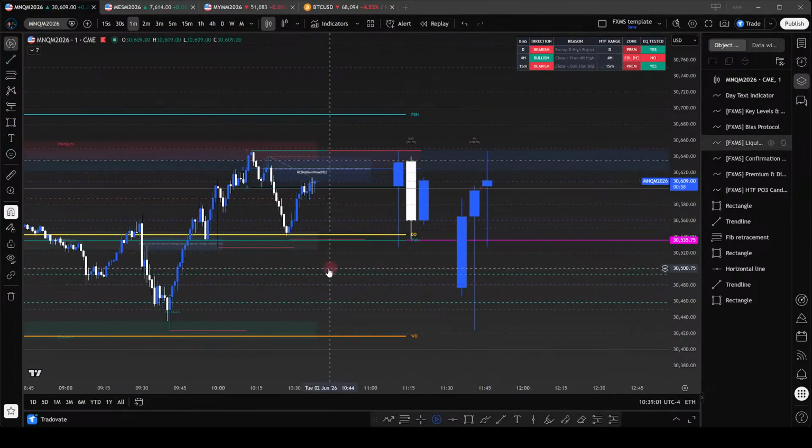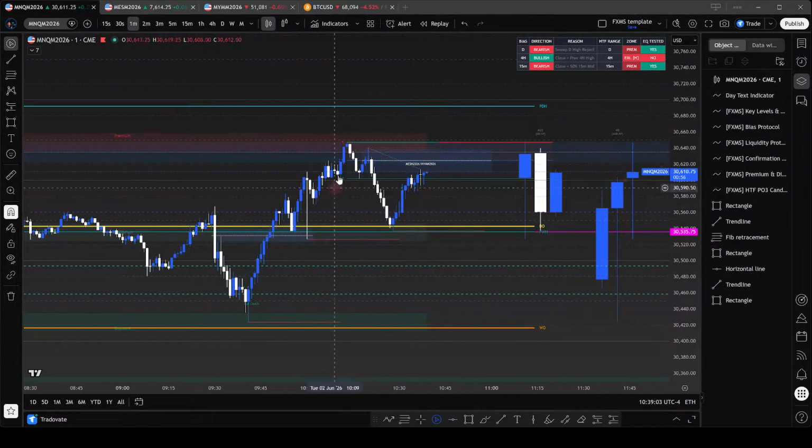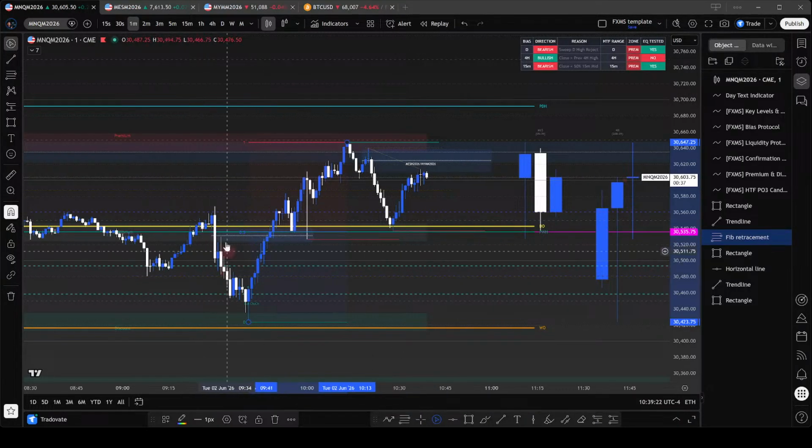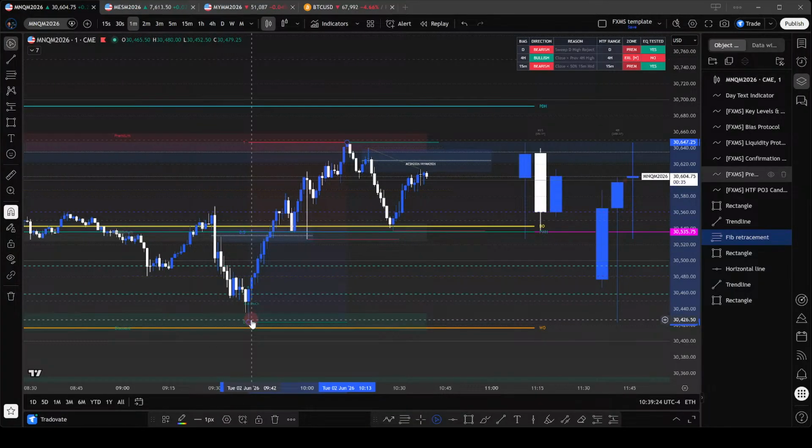So for the PM session, if you guys are looking for the setup, these are the lows that we want to take. This is our range. You can see very clearly that our high and our low is here, and it's still this area right here. Okay, so around the 500 mark, taking this liquidity here, 520, 500, back into this down move here where we swept lows.